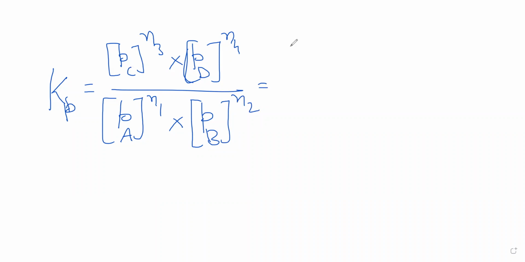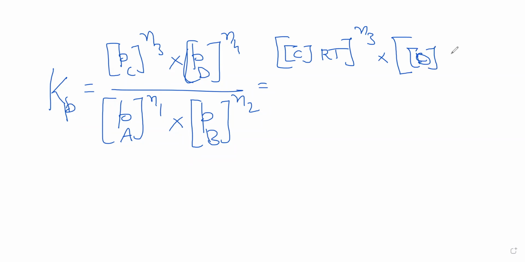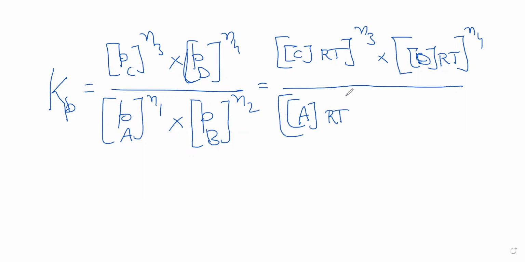What is partial pressure of A? I told you, the partial pressure of C is the concentration of C into RT, whole to the power of n3; D is concentration of D into RT whole power n4, divided by concentration of A into RT whole power n1 into concentration of B into RT whole power n2. Sorry, I was saying partial pressure instead of concentration.